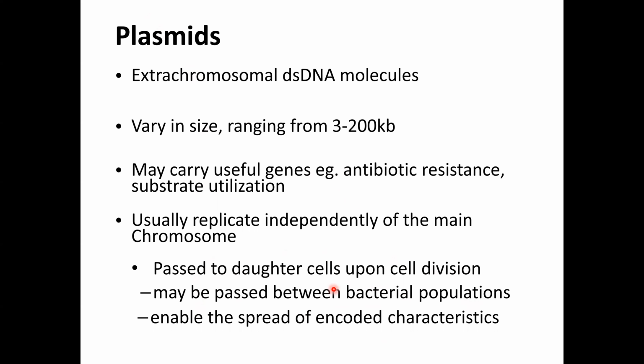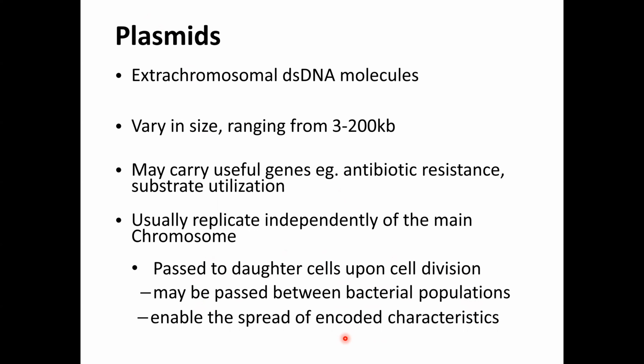Plasmids are also able to spread the encoded characteristics. Later we're going to discuss this in the isolation. This is a typical picture showing the different shapes of plasmid: the relaxed plasmid, and the other one is the supercoiled plasmid.